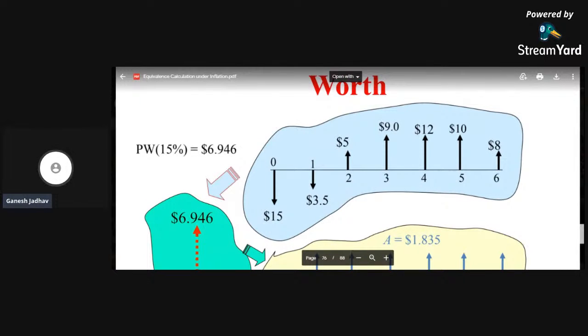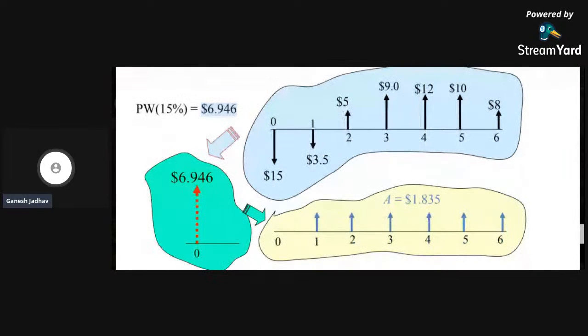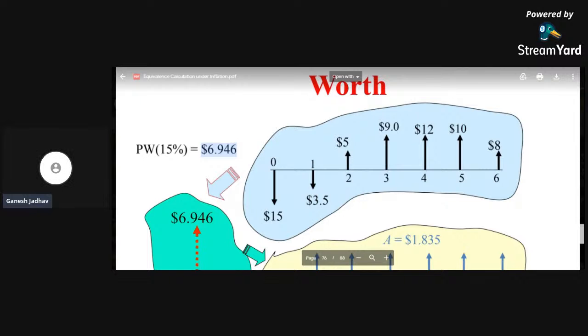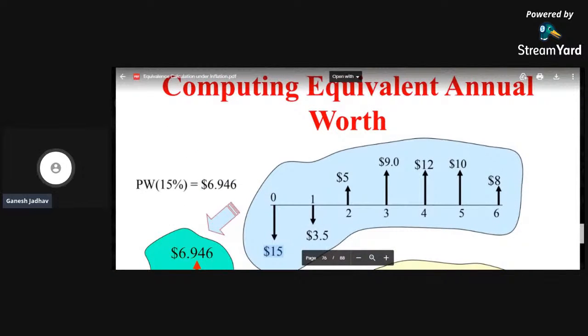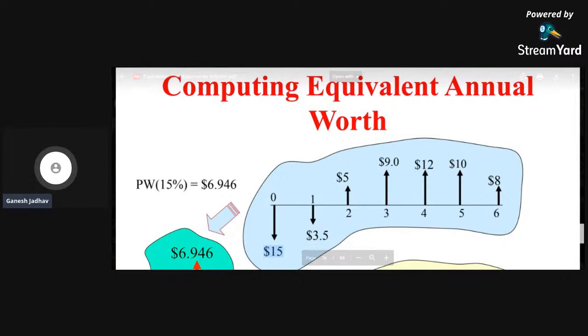Here is the PW, where your present worth rate is 15%, and from that you can get 6.946. Whatever your basic 15 is, at the end of the year you get 1.3, 3.5 at the end of 2 years, 5 at the end of 3 years, then 9, then 12.